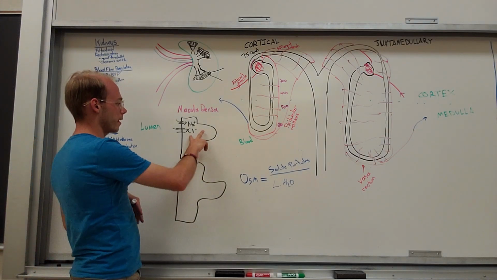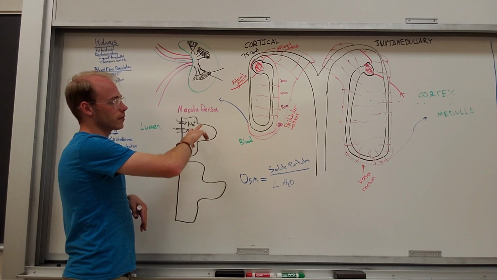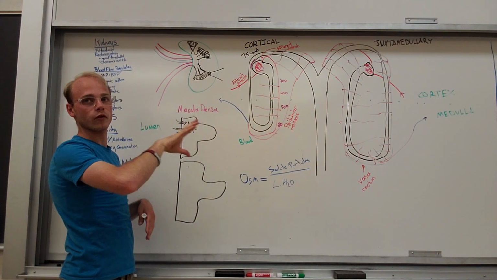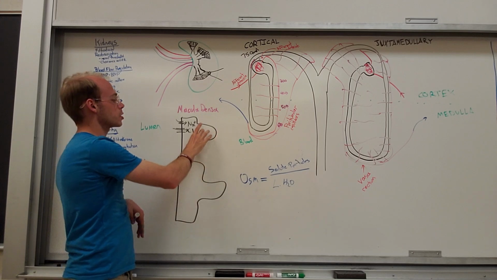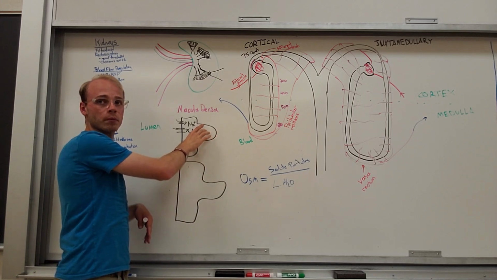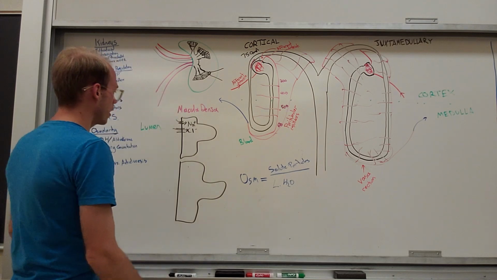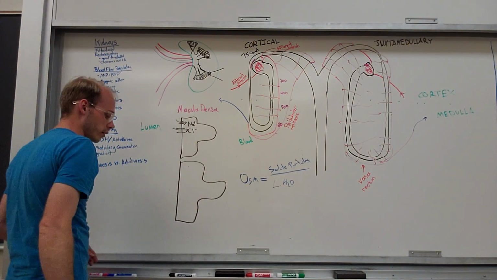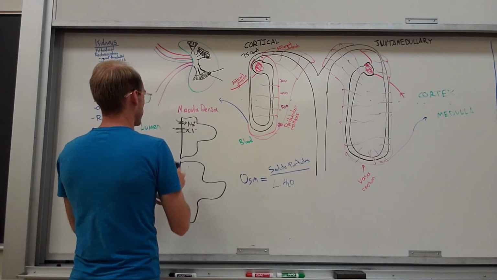And so, in essence, these sense how much blood we're pushing through the kidneys, how much we're filtering, by how much sodium and chloride is getting pushed into them. I see. And then we'll talk more about the macula densa cells when we start talking about what regulates blood flow. Okay.